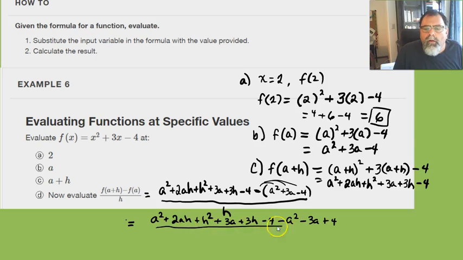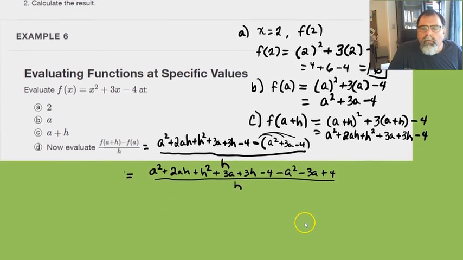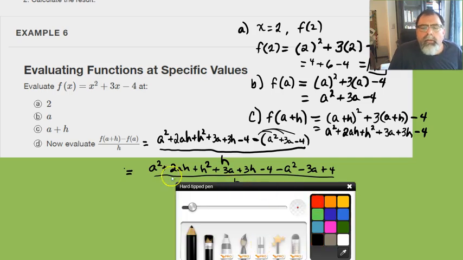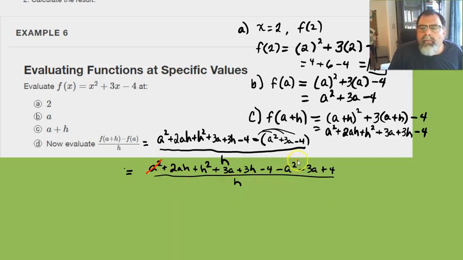Then the whole thing all over h. Okay, and then let's see, we can cancel the a squared with the minus a squared, the 3a with the minus 3a, and the minus 4 with the 4.